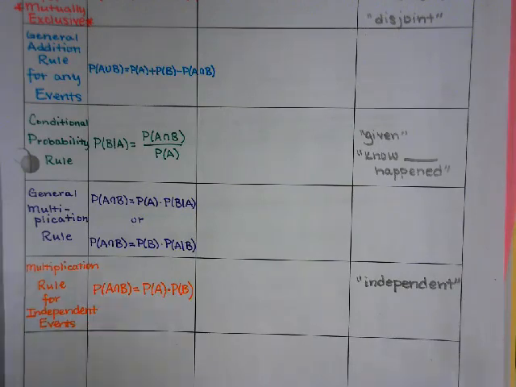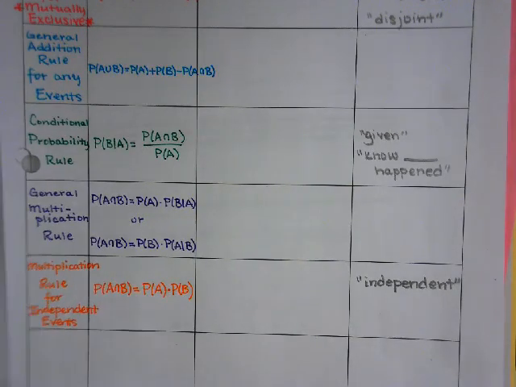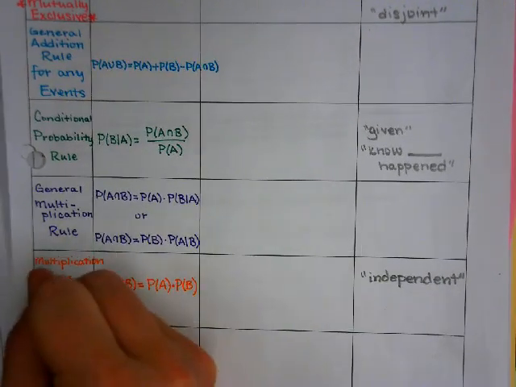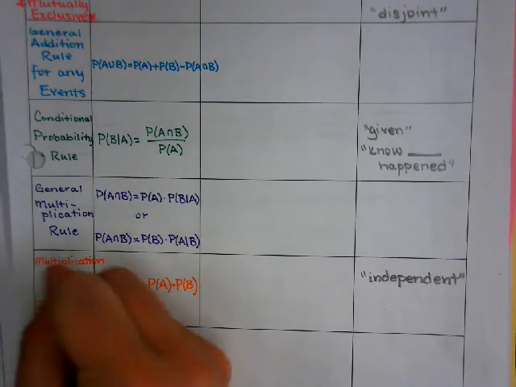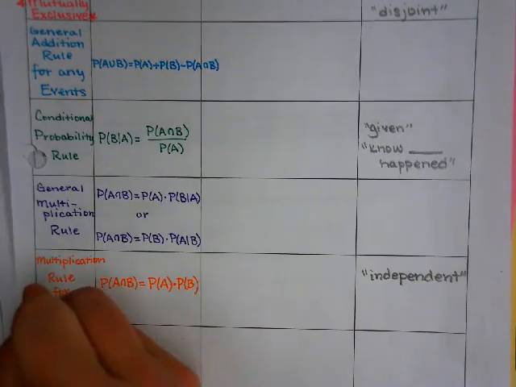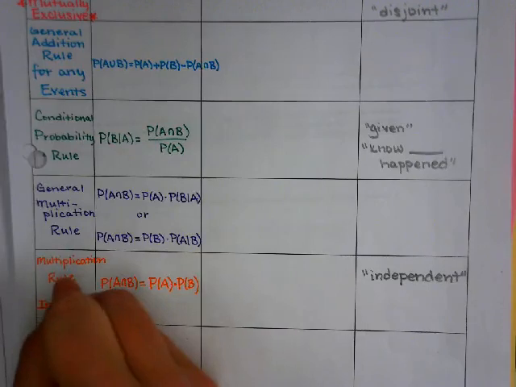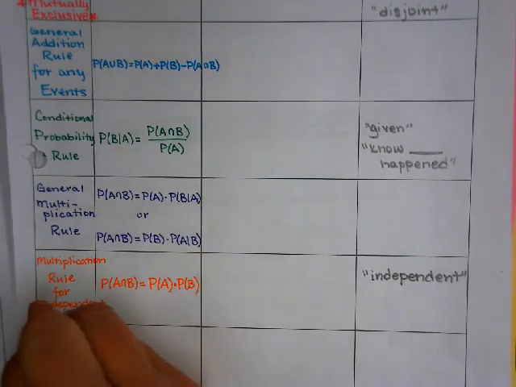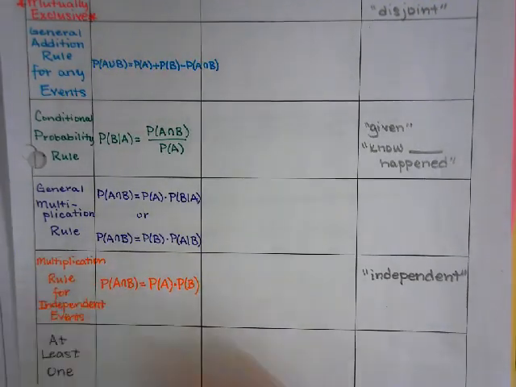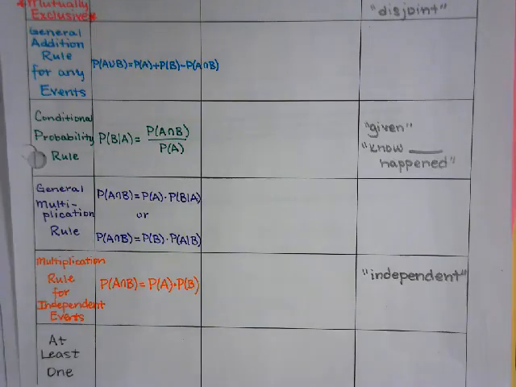At least one. So the probability of at least one is 1 minus the probability. Oops, I forgot 1. That was silly.